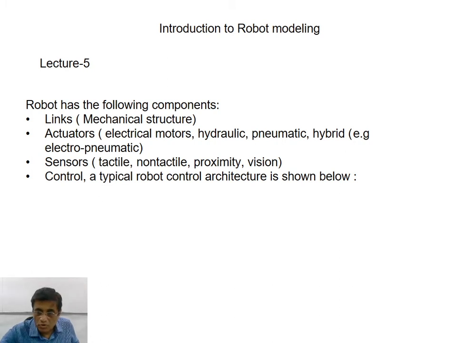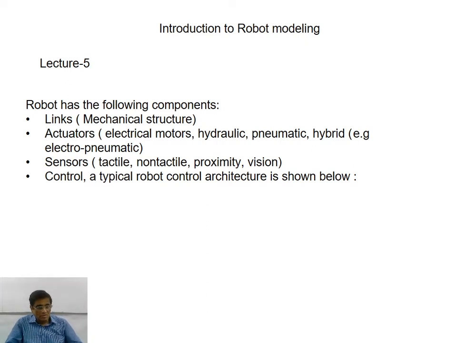In robot also we try to divide the control into two separate parts. One is called planner level control, which is trying to imitate our central nervous system or brain. Another is execution level control, which is trying to imitate our spinal cord. The planner level controller, which is a computer essentially, is trying to solve all high level planning tasks.